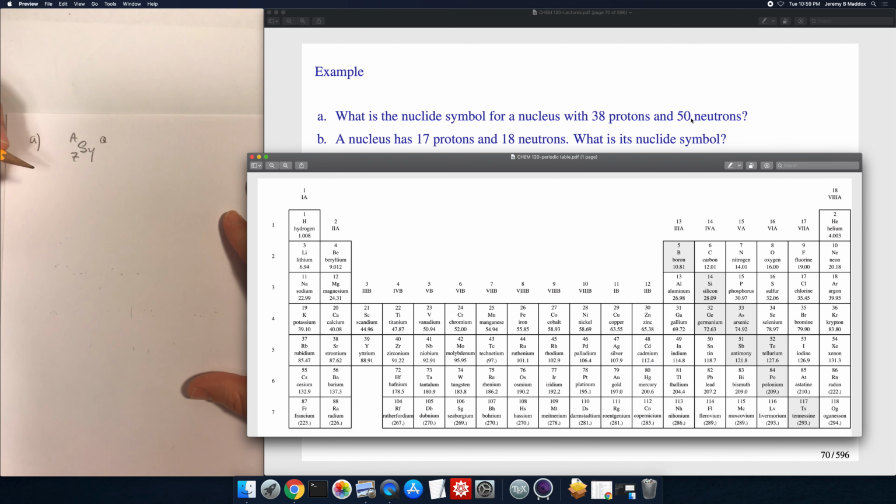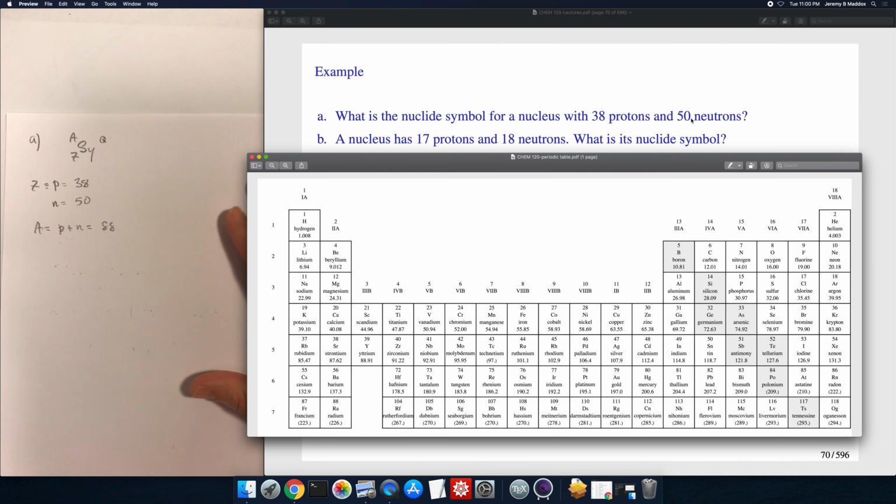So the number of protons is equal to 38, and the number of neutrons is equal to 50. The number of protons is equivalent to the atomic number, and the mass number is equal to the number of protons plus the number of neutrons. So that would be 88 in this case.